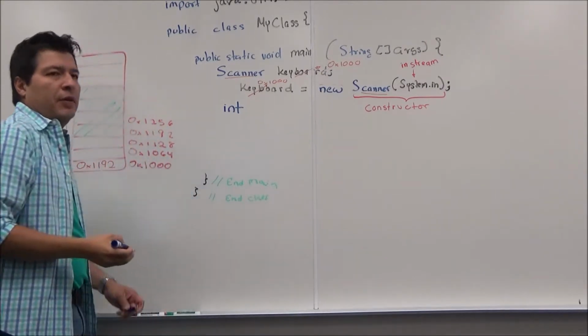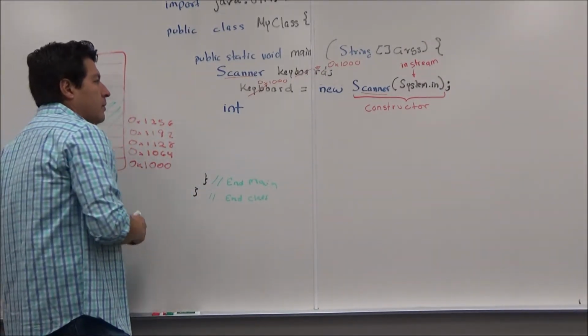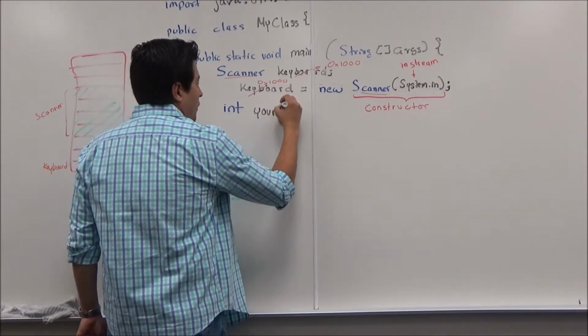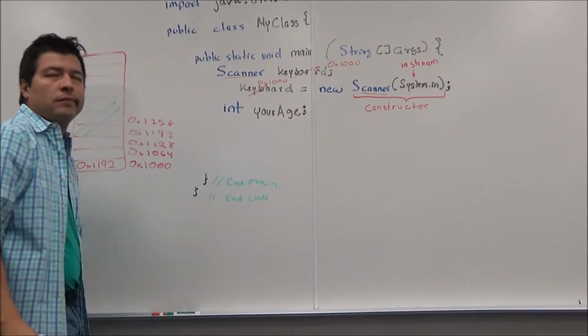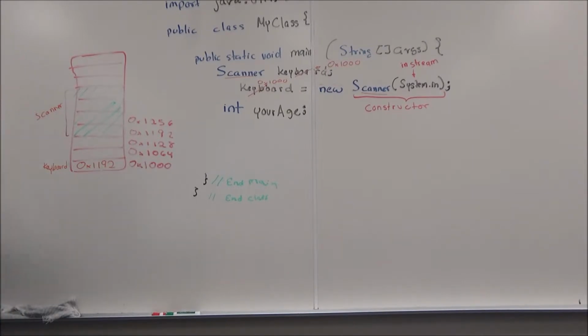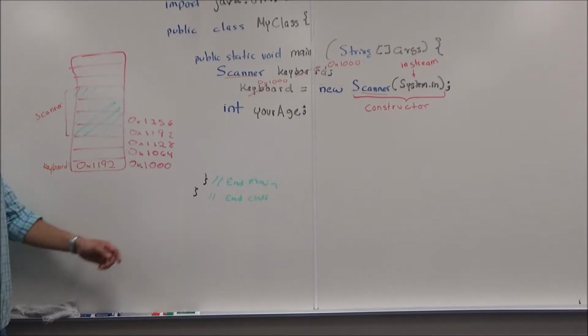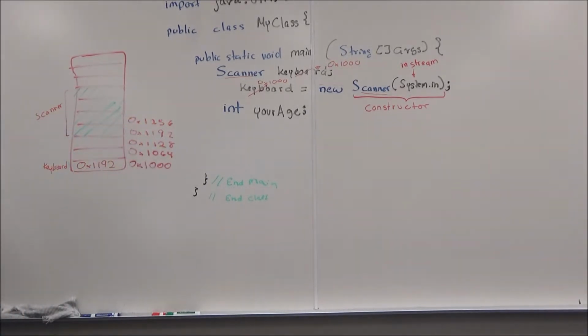So this is a primitive type, and I'm going to call this your age, or whatever you want to call it. So the computer finishes this and sees this other int. And it says, well, how big is an int? It's 32 bits.